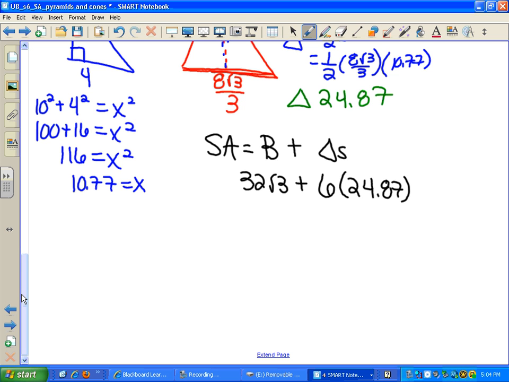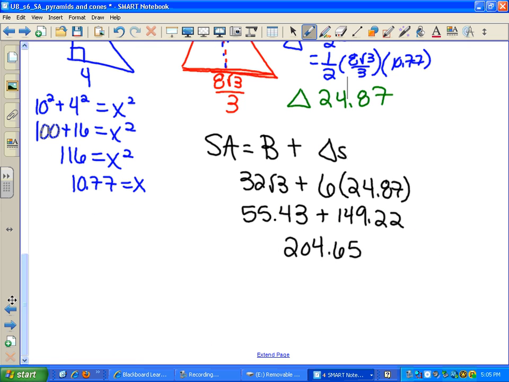I'm going to take 32 times the square root of 3, which is 55.43, plus 6 times 24.87 is 149.22. So when I take 55.43 and I add 149.22, I end up with 204.65, and my units are centimeters squared.